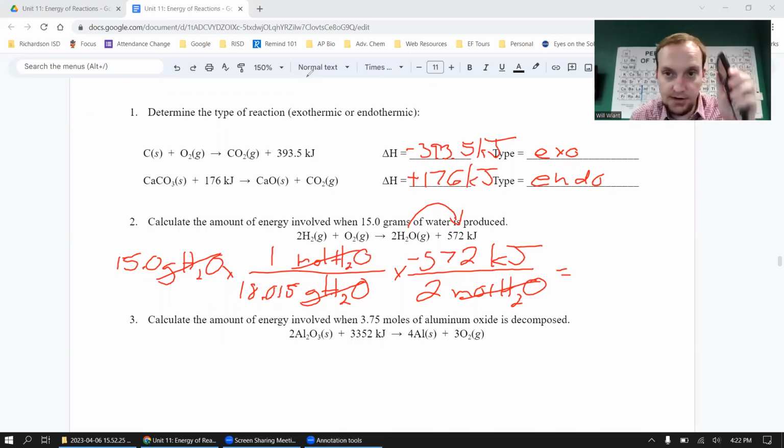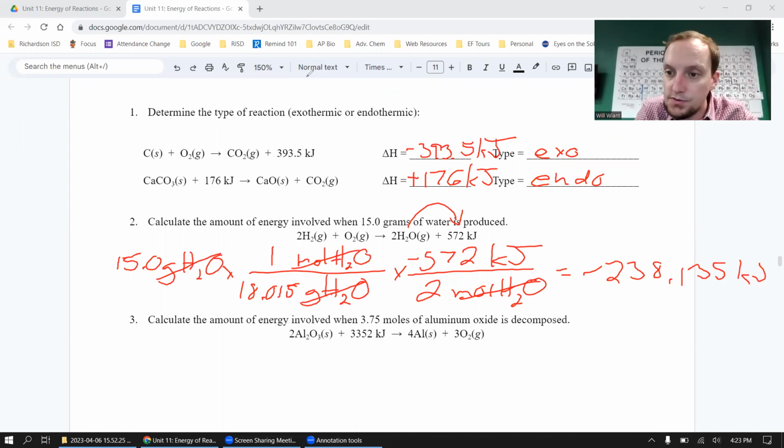So I'm going to cancel out my moles of water, leaving me with only kilojoules. I'm going to take my calculator and do 15.0 times 1 times negative 572. I'm going to divide that by 18.015, and divide that again by 2. And what I get is my final answer of negative 238.135 kilojoules.